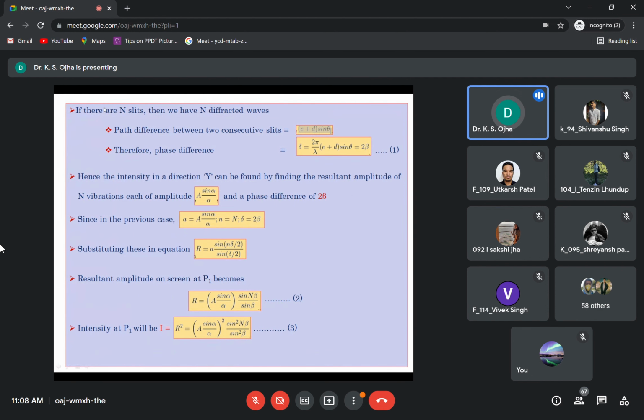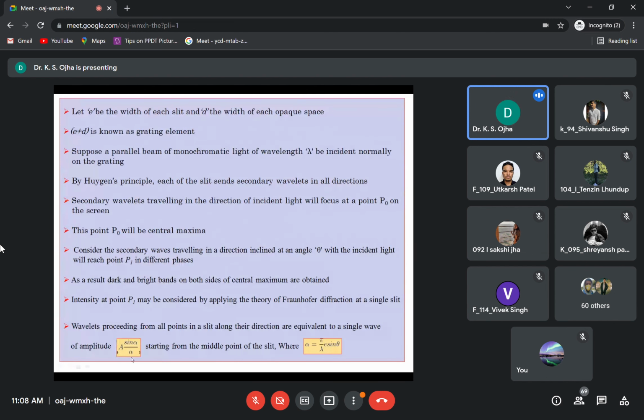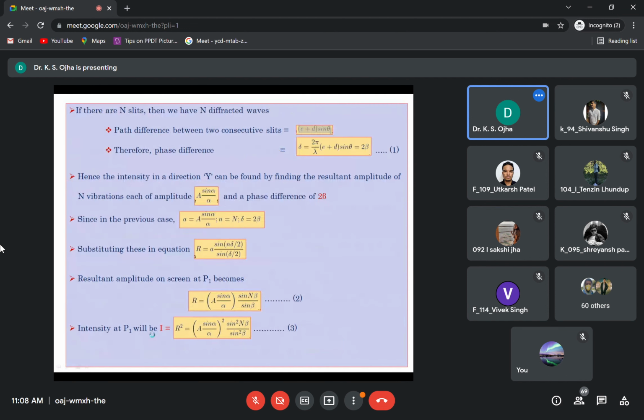Since there are n slits, we have n diffracted waves, and these n diffracted waves have the amplitude a sine alpha by alpha. The path difference between two consecutive slits will be equal to (E plus D) sine theta. In the case of the single slit, we found E sine theta.